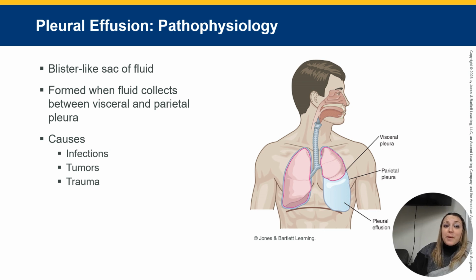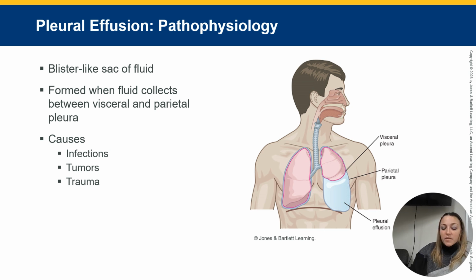It can be caused by infection, tumors, or trauma, but that lung tissue rubs against each other, and it causes inflammation and fluid accumulation. Pleural effusions can contain up to several liters of fluid, and large pleural effusions decrease the lungs' capacity and cause difficulty breathing.